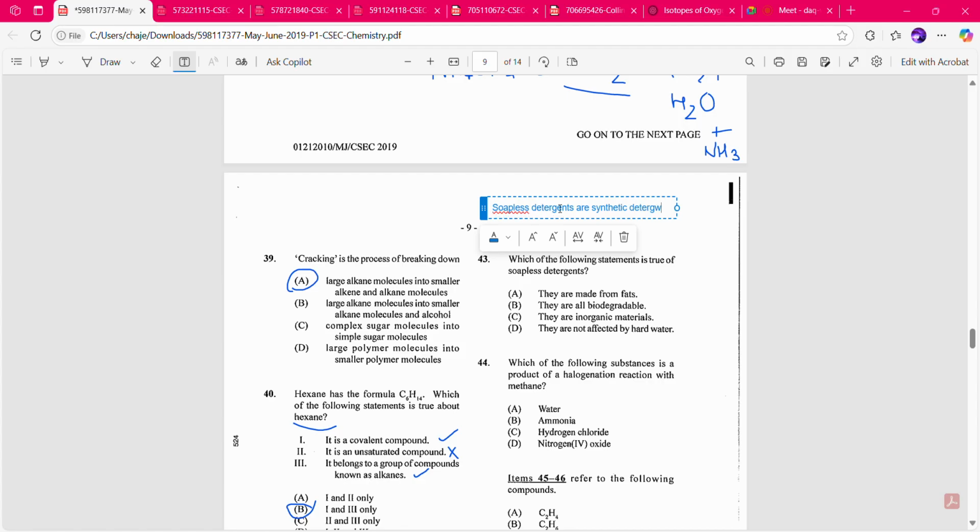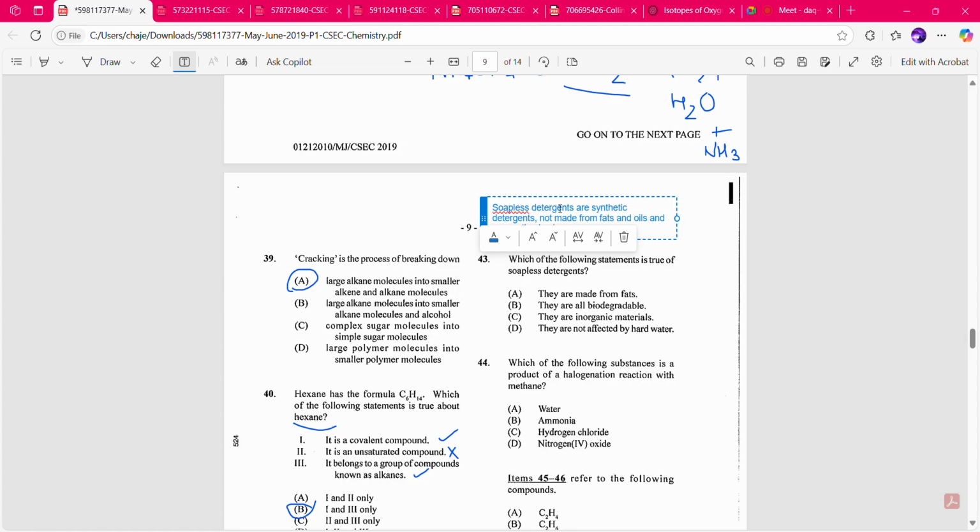So soapless detergents, these are synthetic detergents. They're not organic, while soapy detergents are. They're not made from fats, because fats would have been organic, so they're not made from fats and oils, and are synthesized.